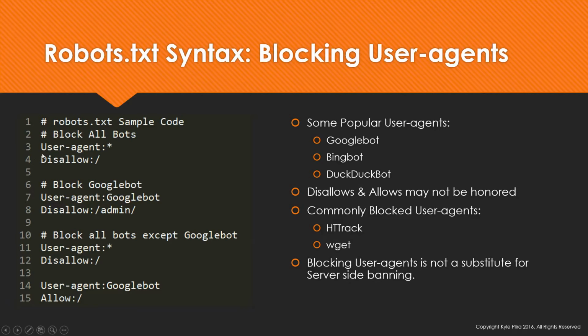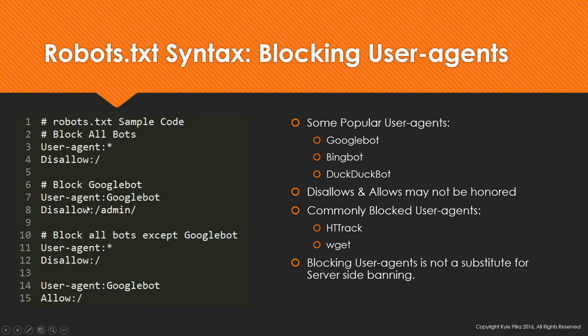So this line is saying user agent, all possible user agents, disallow, and this slash is saying disallow everything on this website, including the homepage. That would block all bots from accessing any page on your website.